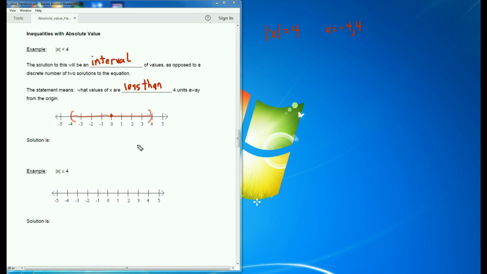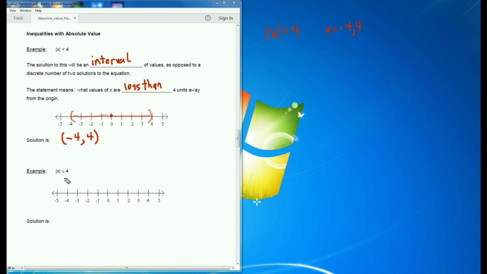Okay? So the solution is going to be everything between, but not including, negative 4 and 4. So in interval notation, parenthesis, negative 4, comma, 4. All right, that is the solution to that.